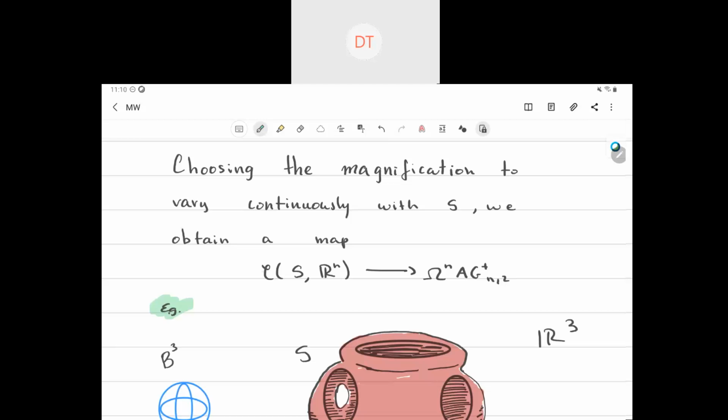Now we want to map from all possible copies of S in Rn. And for each copy, we want to produce such a map.